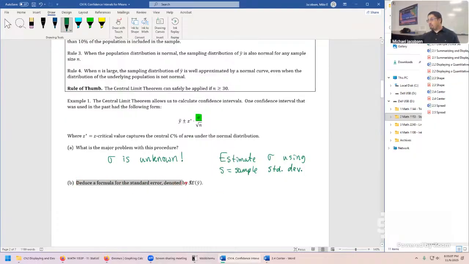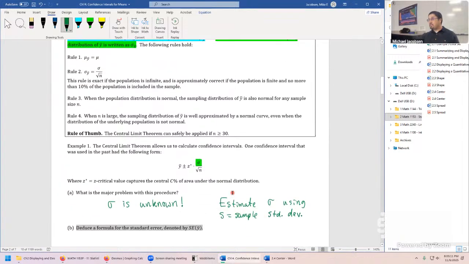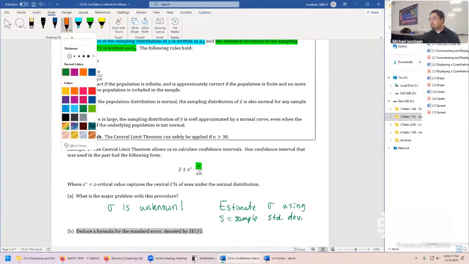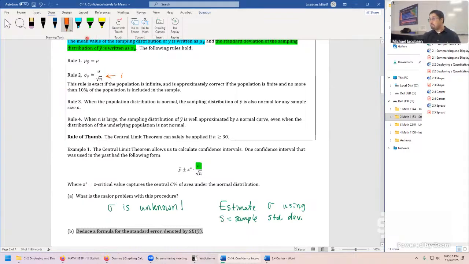So here we deduce the formula for the new standard error of y bar. The purpose of the standard error of y bar is we have to estimate this thing here. This is unknown. And so is mu. This is the thing we want to estimate by using an approximation here.